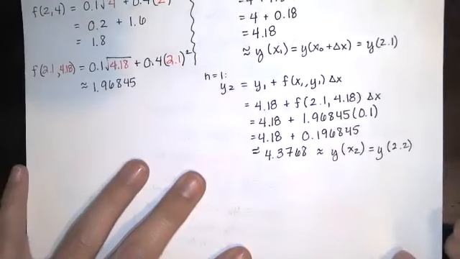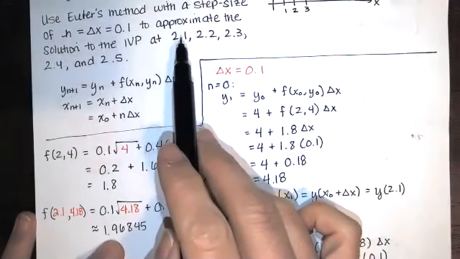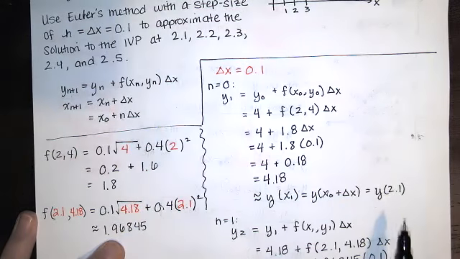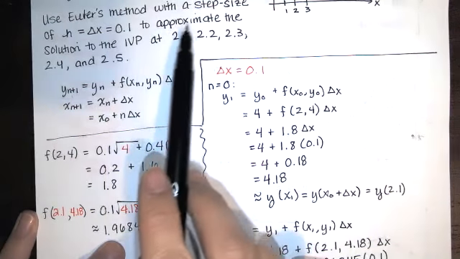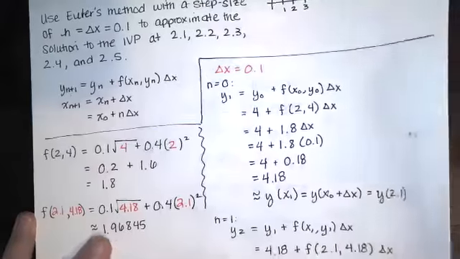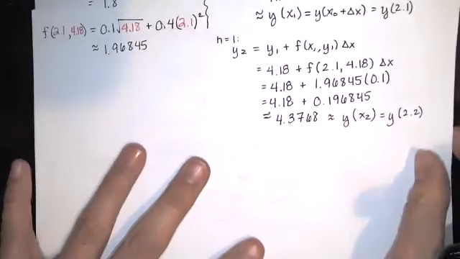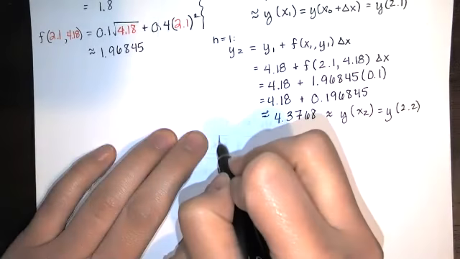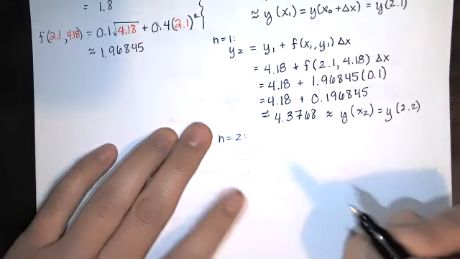And I actually don't think I'm going to go all the way out to 2.5. So we have approximated the solution at x equals 2.1 here, and then we approximated the solution at x equals 2.2. Let's just go to 2.3. I don't think we need to go all the way to 2.5. Let's just do one more iteration.